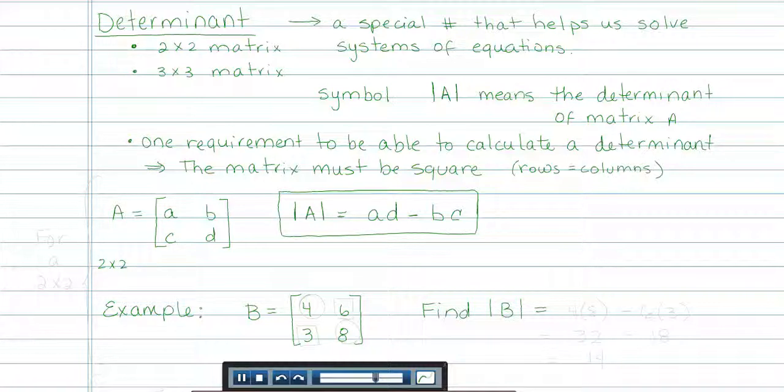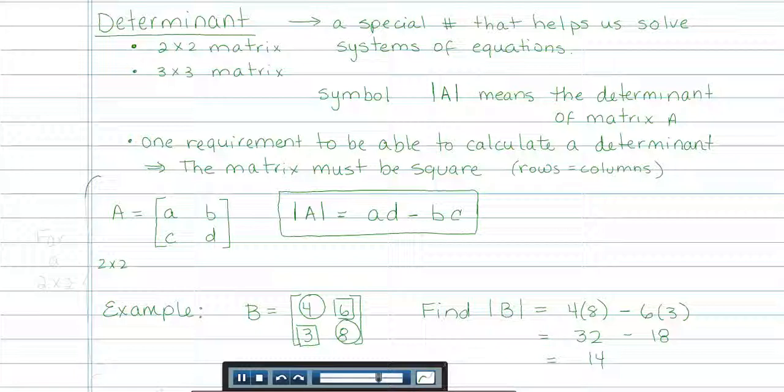The 4 is in the spot of A, and the 8 is in the spot of D. So you would multiply those. 4 times 8 minus B is this one right here, and C is the 3. So minus 6 times 3. And you would get 32 minus 18, which gives you 14. The determinant of B is 14. So that was pretty simple, and that's all you do to calculate a determinant for a 2x2 matrix.